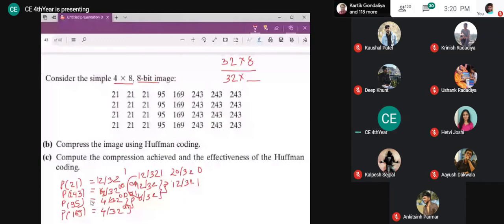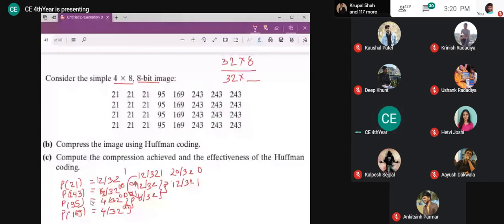If I substitute that value here, then I get the compression ratio. Earlier per pixel 8 bits. Now per pixel, the average number of bits required is this, and hence the compression achieved is this.